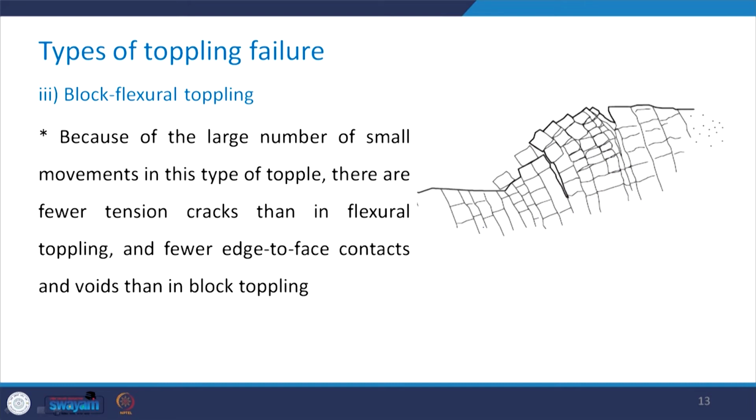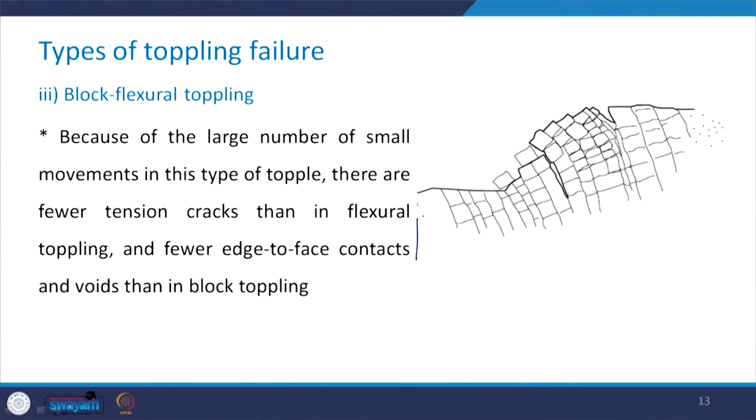Now, because of the large number of small movements in this type of topple, there are fewer tension cracks than in the case of flexural toppling and fewer edge-to-face contacts and voids as compared to block toppling. So, the difference between block flexural and block toppling has been given here.